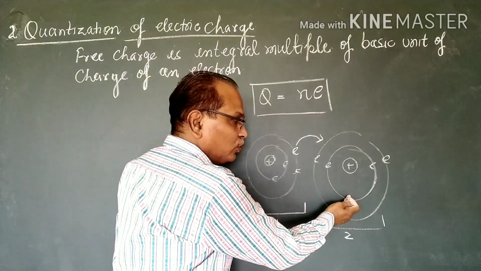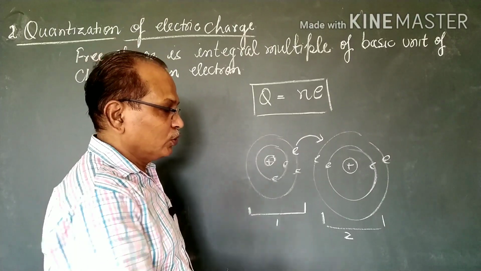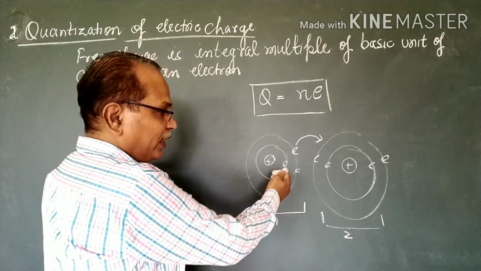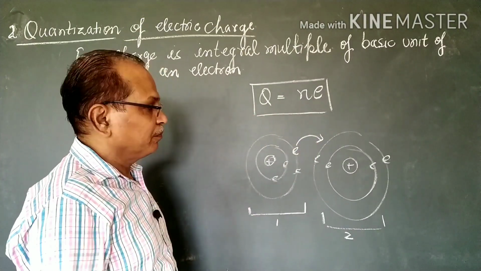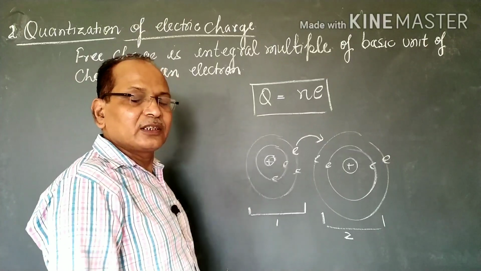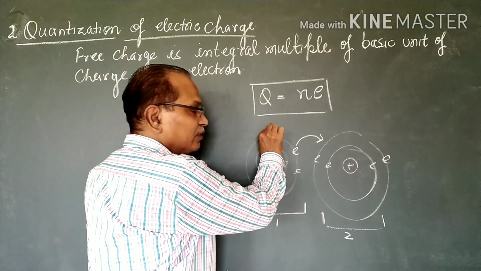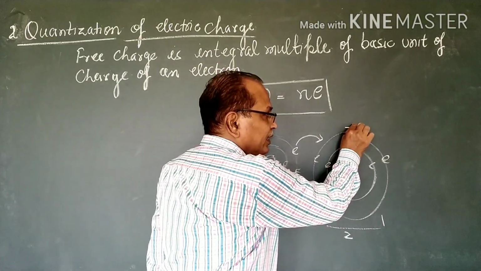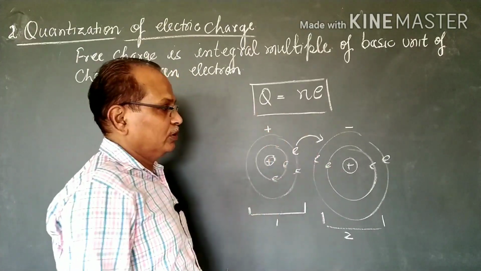Atom 2 will have more electrons, so it will become negatively charged, while electrons are lost from atom 1. There will be a deficit of electrons, so this atom will be positively charged and this atom will be negatively charged due to the increase in electrons.